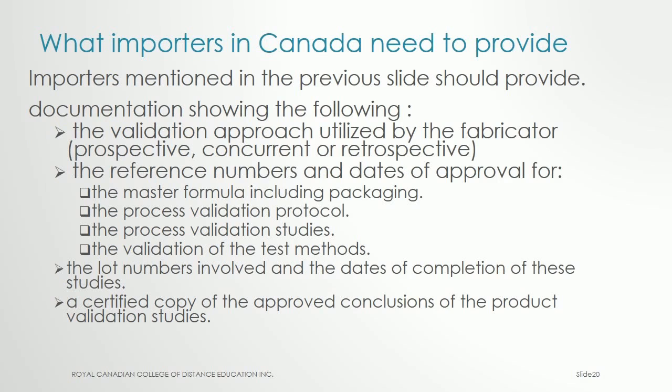Importers mentioned in the previous slide should provide documentation showing the following: the validation approach utilized by the fabricator, prospective, concurrent or retrospective, the reference numbers and dates of approval for the master formula including packaging, the process validation protocol, the process validation studies, the validation of the test methods, the lot numbers involved and the dates of completion of these studies, a certified copy of the approved conclusions of the product validation studies.